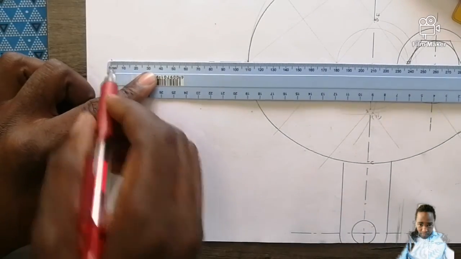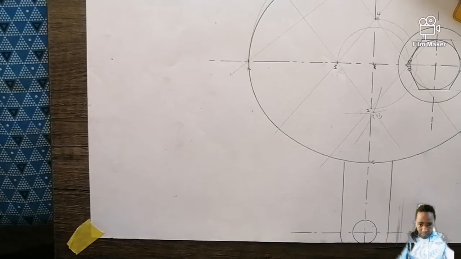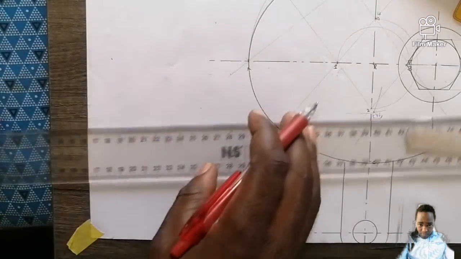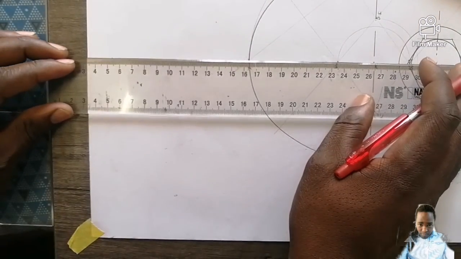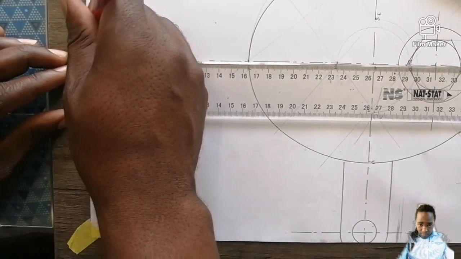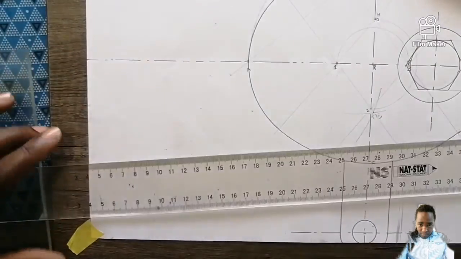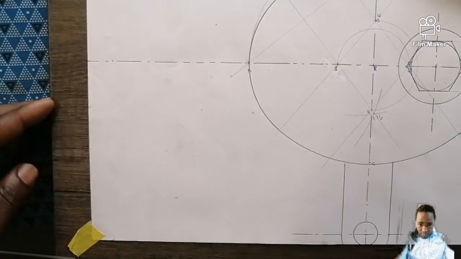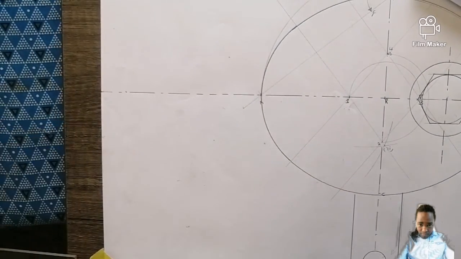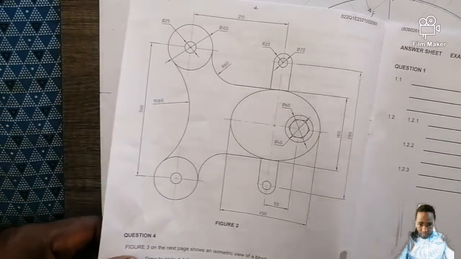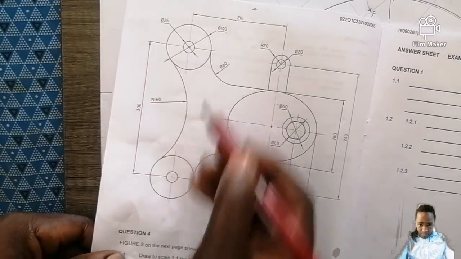You see, it's also going out of the paper. So I'm just further extending my horizontal center line. So this is going to give us the center of this and this one.